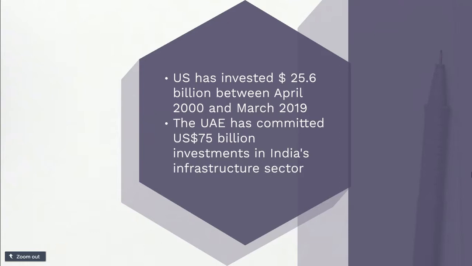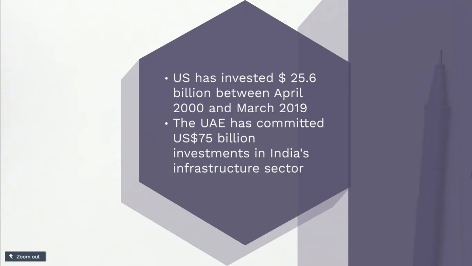And one more example: the UAE, about three to four months back, has committed 75 billion US dollars, three times what the US has invested in these 19 years. The UAE has committed 75 billion US dollars of investment in India's infrastructure sector. One more news you have heard, which I wanted to mention: Aramco, a company in Saudi Arabia, is planning to invest a 20% stake in Reliance.